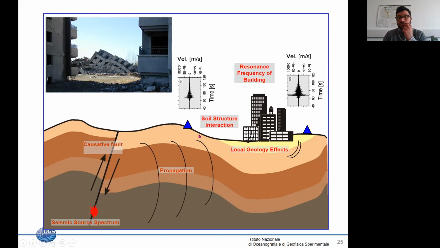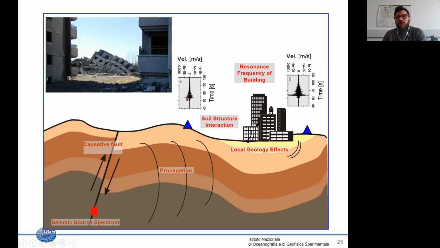But what we have noticed for many years is that if you are relatively far away from the fault, for example, the recordings that we have close to an area that has both rock sites and soft sites, that means, for example, sedimentary material, even if the two recordings are taken at a nearby distance, they can look quite different.